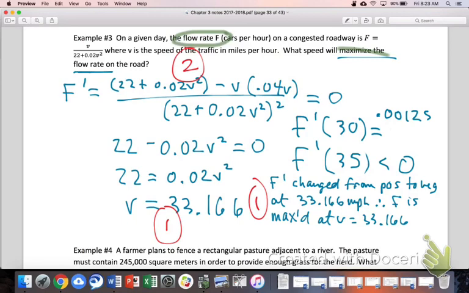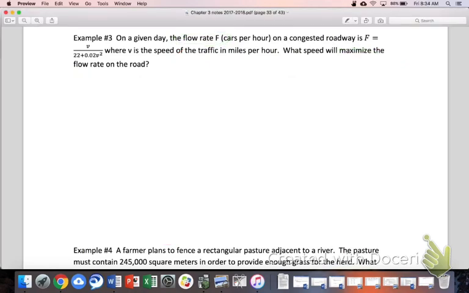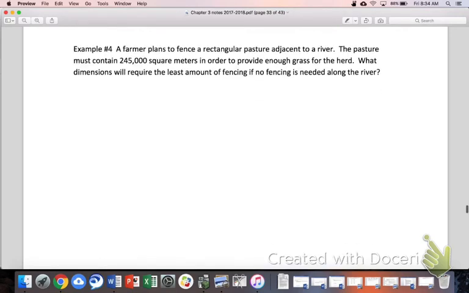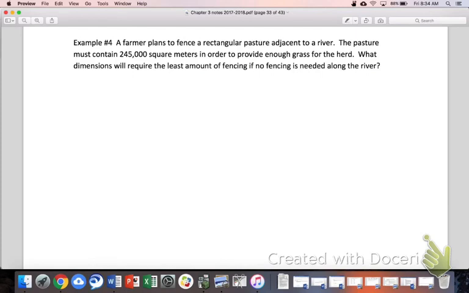Hey, before you run out, hang on just a second. I want to let you know exactly what will happen on Tuesday, because I didn't know where we were going to finish today. So please listen up. I got 20 seconds, I'm going to use them. So example number 4, we haven't gotten to yet.